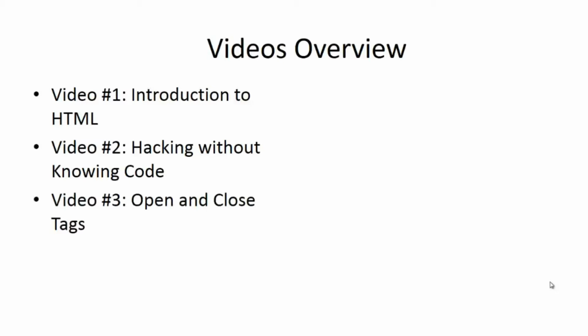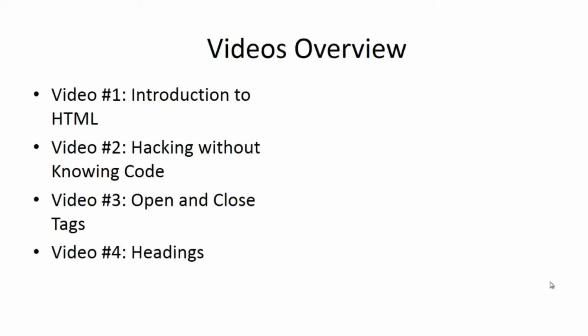So number 3, we're going to talk about the basics of open and close tags. Once you understand this basic concept and how HTML code opens and closes via tags, which is very, very simple, by the way, it will make more sense. And then from that point on, what I've done is I've honed in and focused on specific tags that you will run into during your journey.